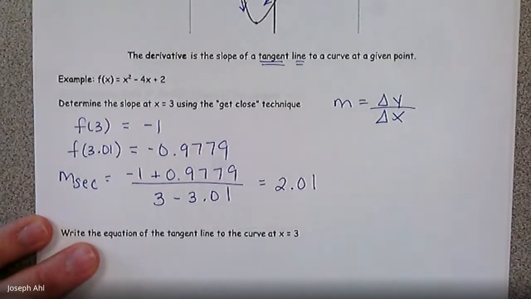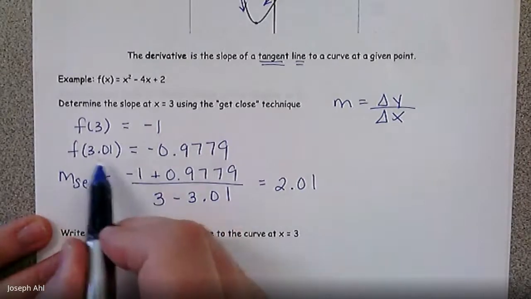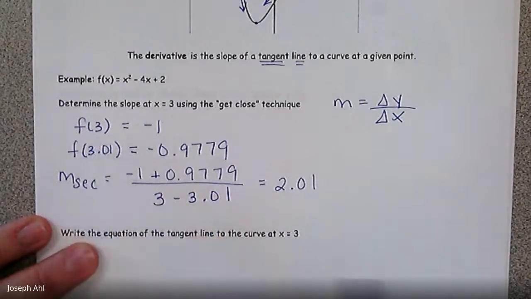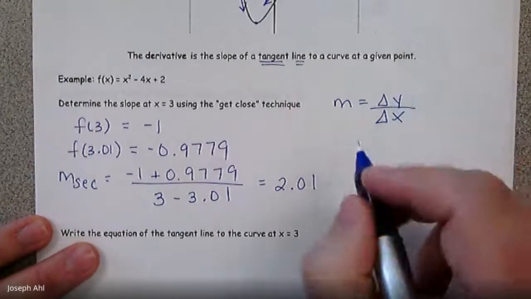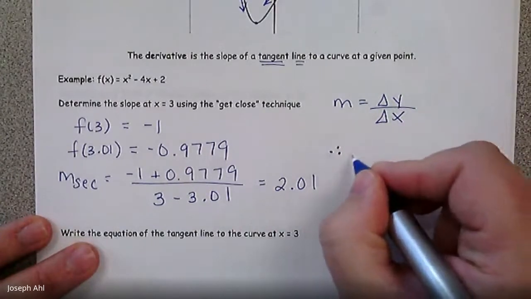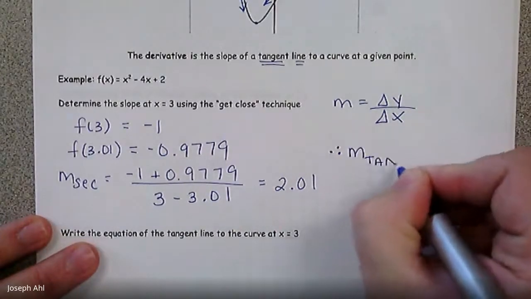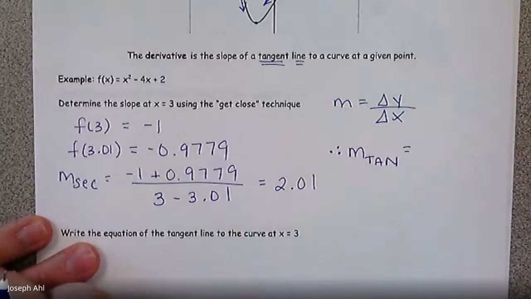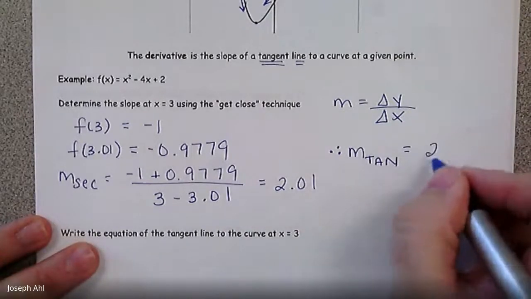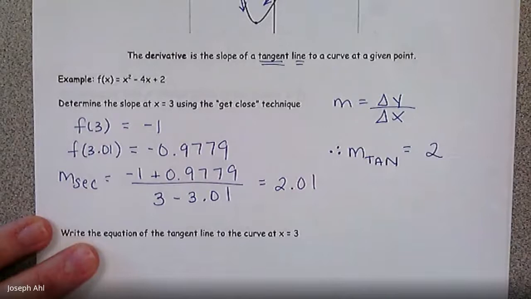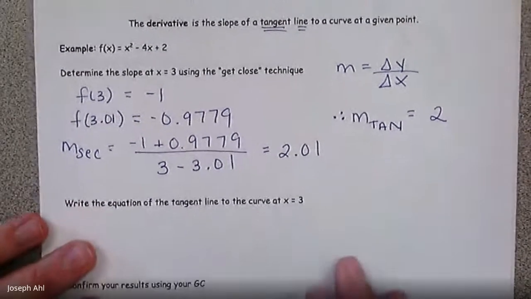So if the slope of the secant line is 2.01, we chose a point super close by to x equals 3, I'm pretty confident at this point we can establish that the slope of the tangent line, which is this concept of a derivative, is equal to approximately 2. Okay, and it will be 2, and we'll be able to confirm that algebraically through future examples.